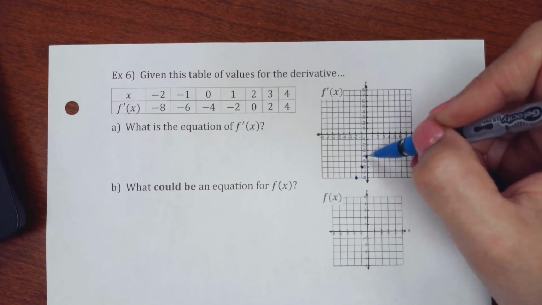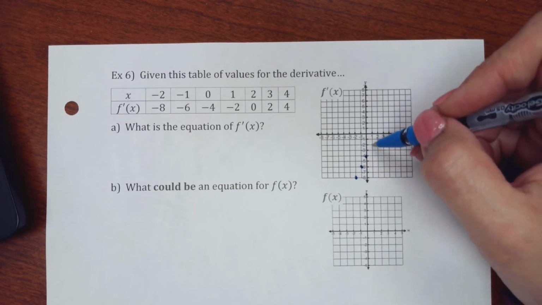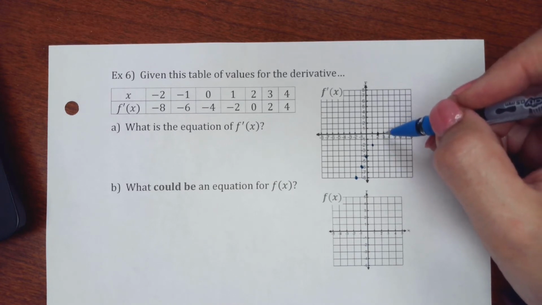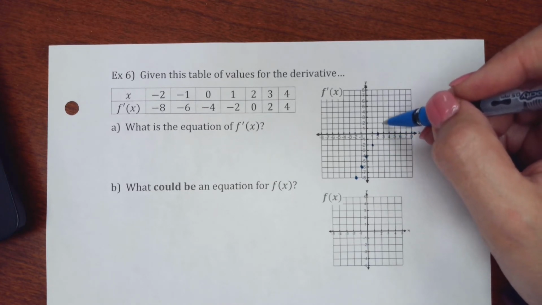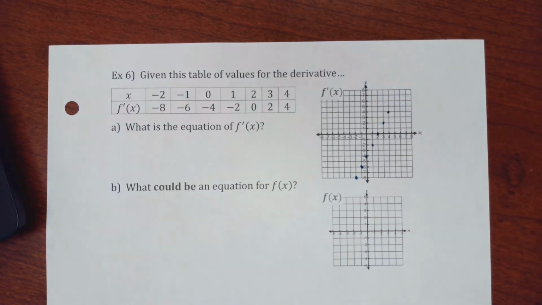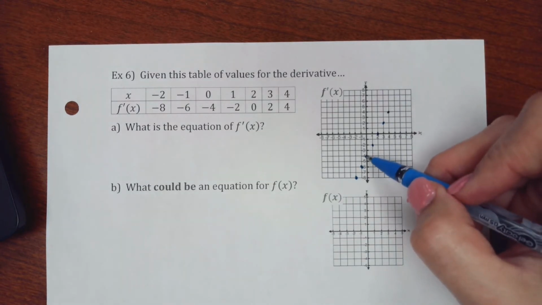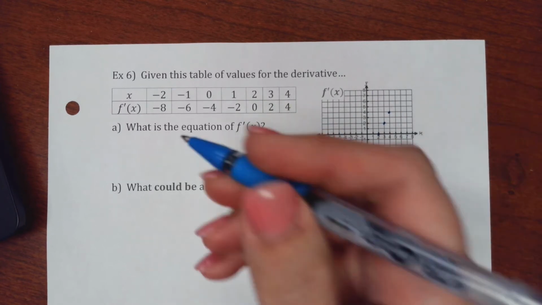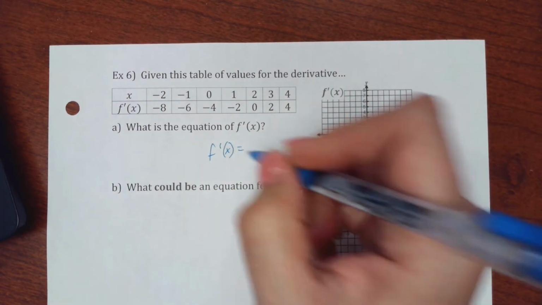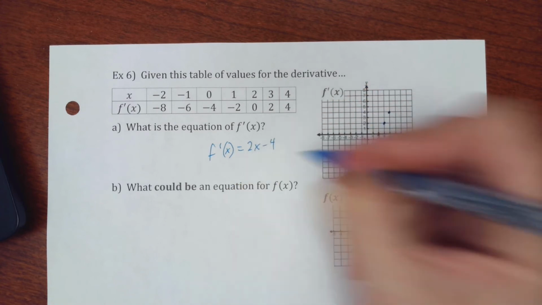That's looking like a line right there. 1 is -2. Yep. 2 is 0. All right. 3 is 2. 4 is 4. Okay, that's a nice, beautiful line. It crosses at -4 and it goes up 2/1. All right, so I think I have an equation for that. Cross -4, so 2x minus 4.